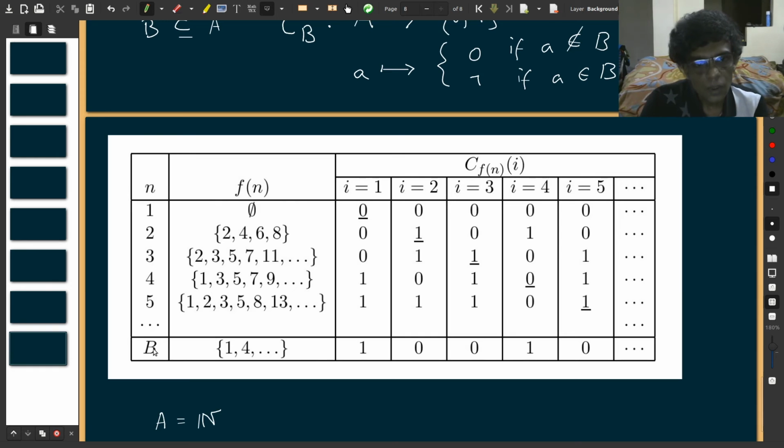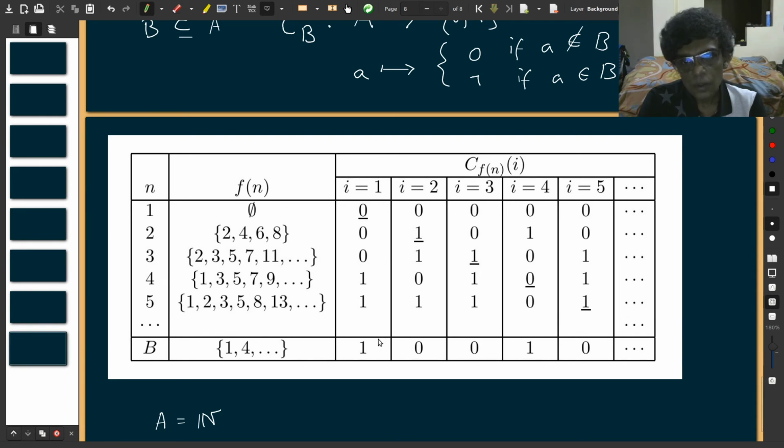Okay. So, now this B differs from f of 1 with respect to inclusion of 1. B differs from f of 2 with respect to inclusion of 2. B differs from f of 3 with respect to inclusion of 3. B differs from f of 4 with respect to inclusion of 4, and so on.